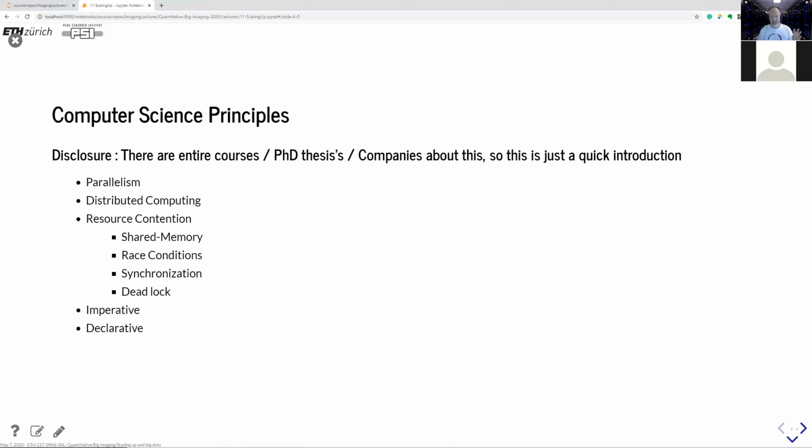Taking that one level higher would be to work distributed. Then we have the question about resources, how to handle them and work with them in an efficient way. Depending on which approach you work with, there is the imperative kind of coding or problem solving, and the declarative. I'm going to tell a little more about them soon.